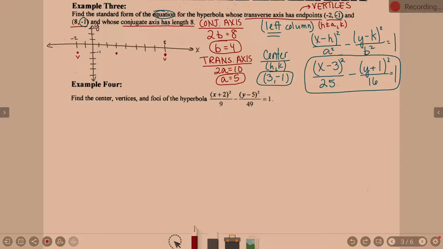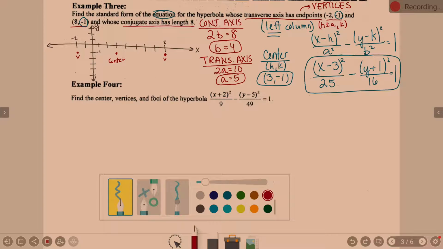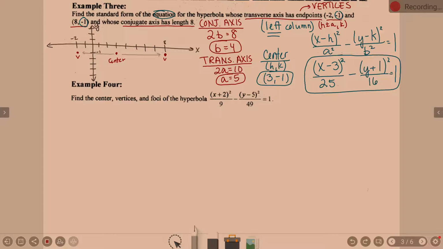Which puts us at the point 3, -1, and that is my center. If your center is halfway in between your vertices, realize that this distance out to here and that distance out to there, that is your a equals 5 value. And so those are my a values.